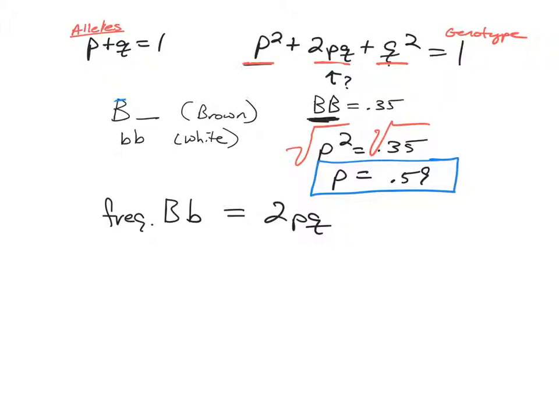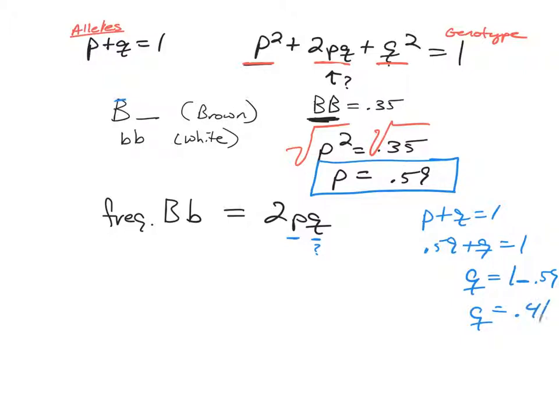So 0.59 is p. How do I find q? I still need q. I got p, I need q. That's right, p plus q equals 1. If p is 0.59, plus q equals 1, then q is equal to 1 minus 0.59, which is what? q equals 0.41.